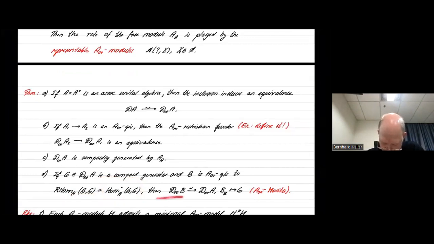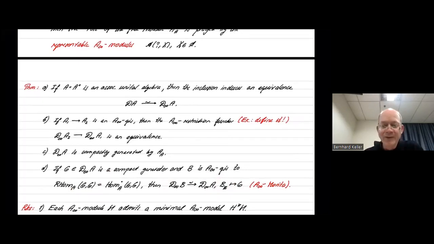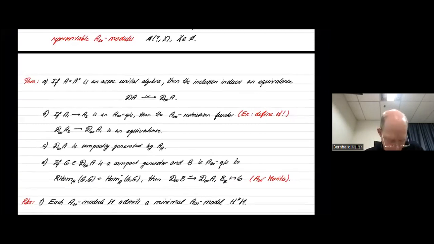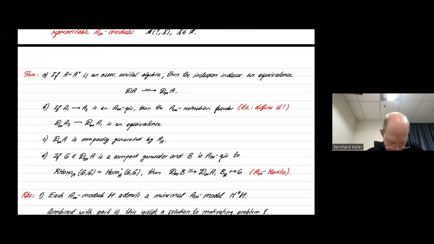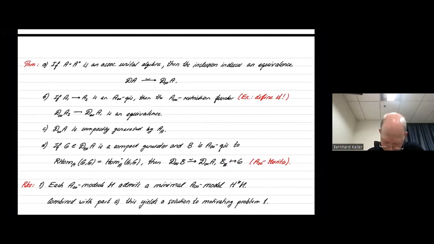Then we get an equivalence between the A infinity derived category of B and the A infinity derived category of A, which maps the free module to the given generator. We get an A infinity Morita theorem. And here I say what I already said orally.